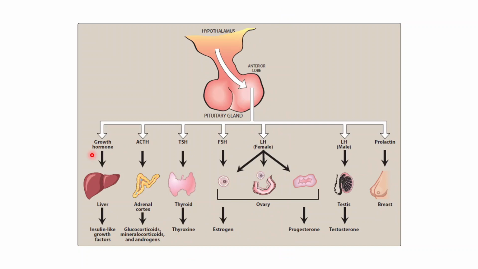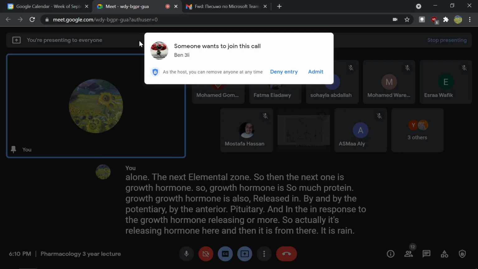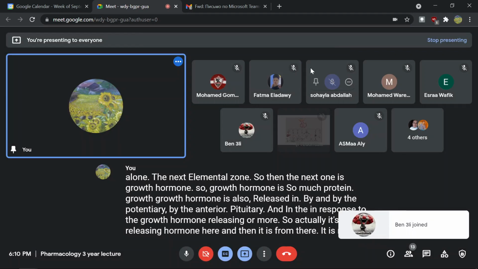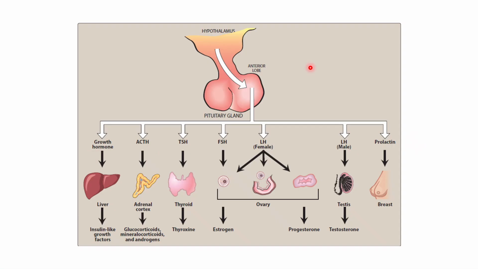Secretion of the growth hormone is inhibited by somatostatin, that is also secreted by the hypothalamus, and it is released more during sleep.